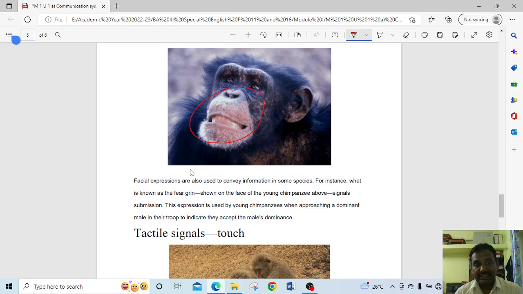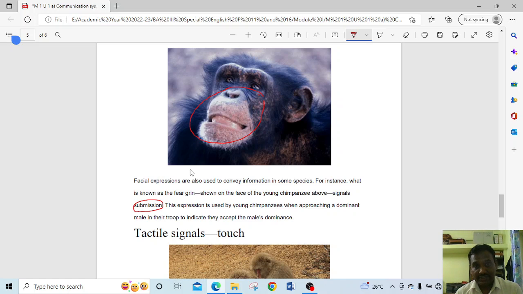It is a fear grin, and it is shown on the face of a young chimpanzee. And what does that mean? It means submission. So these young chimpanzees, when they submit to the adult or the dominant male, that they are defeated and they are submitting themselves to the dominance of the adult and dominant male, then they show this signal.